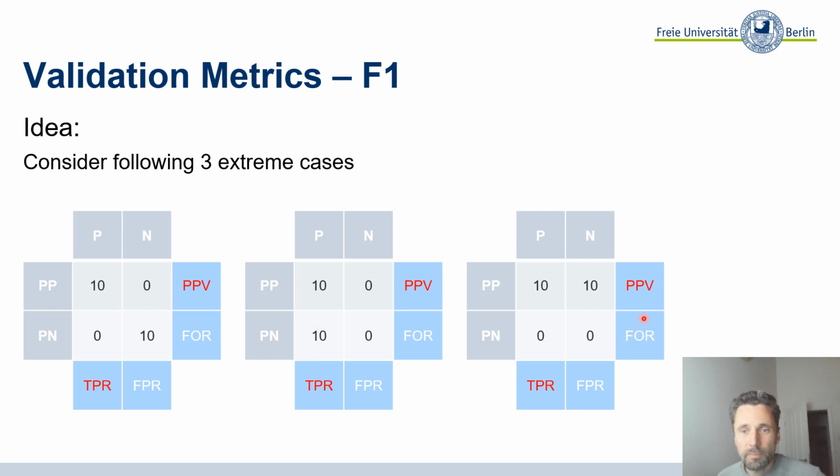And also we could have an algorithm that again predicts 10 samples correctly as positive, but also 10 of the negatives were incorrectly classified as positives.